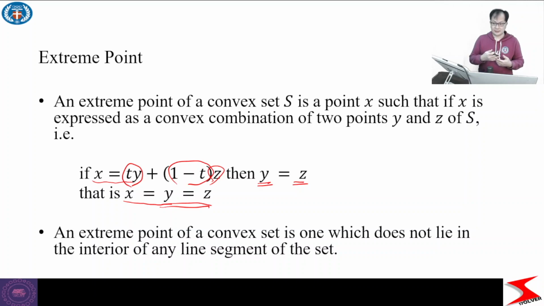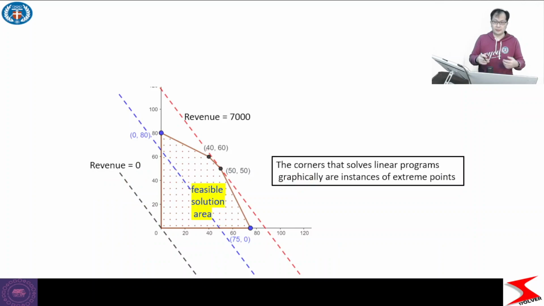So what is the extreme point? An extreme point of a convex set is one which does not lie in the interior of any line segment of the set. If you consider a linear program of only two variables, you will see this one, this one, this one, and this one.